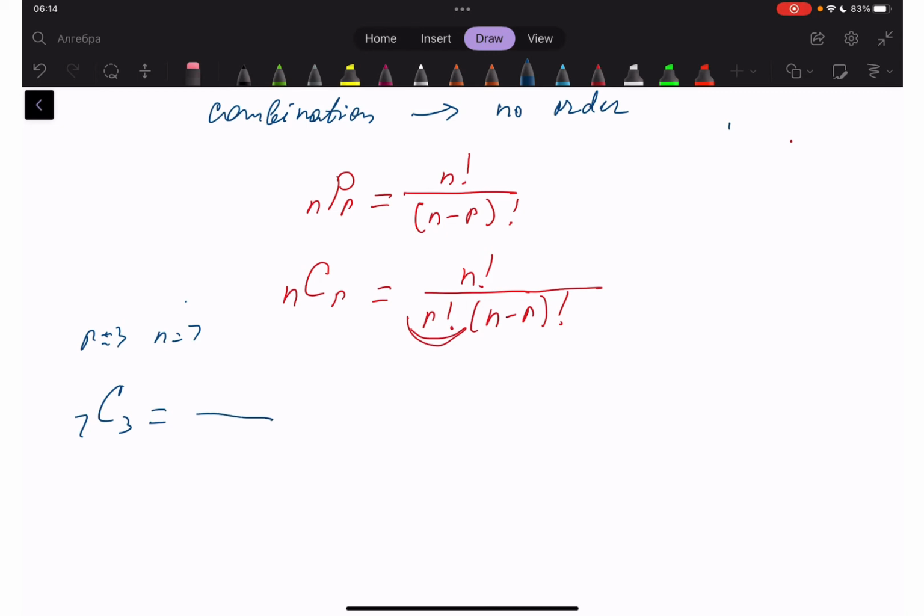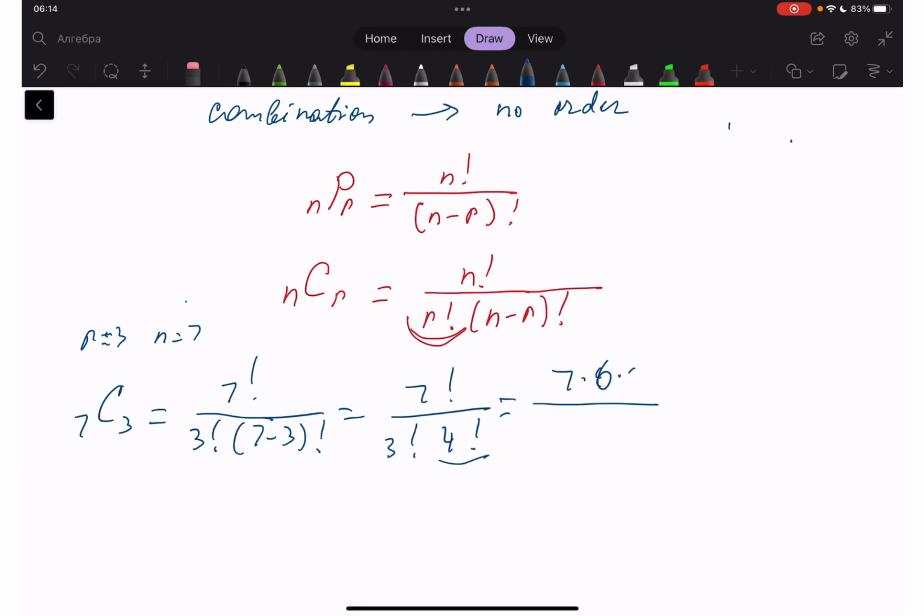So it's equal 7 factorial over 3 factorial times 7 minus 3 factorial, which is 3 factorial times 4 factorial. Between 3 and 4, 4 factorial is higher, so I'm going to open 7 till 4: 7 times 6 times 5 times 4 factorial.